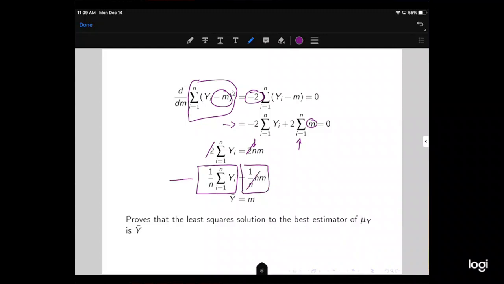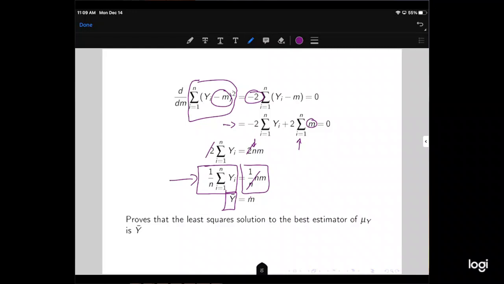And then what is this expression here? 1 over n times the sum of i equals 1 to n of yi. That's just y bar. So this shows us that the solution to the least squares problem presented on the previous slide, the solution m is y bar. So the best estimator of mu y, the population mean, is y bar.